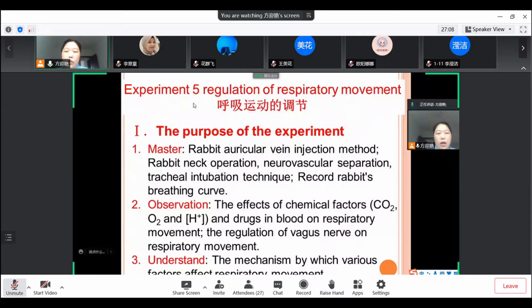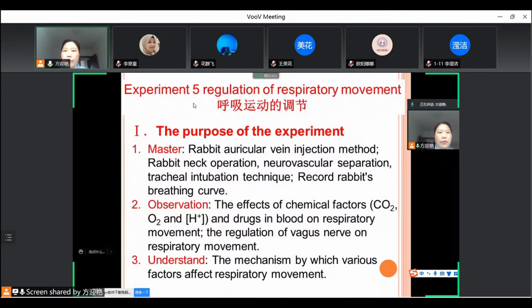We will see the experiment on the auricular vein injection method.